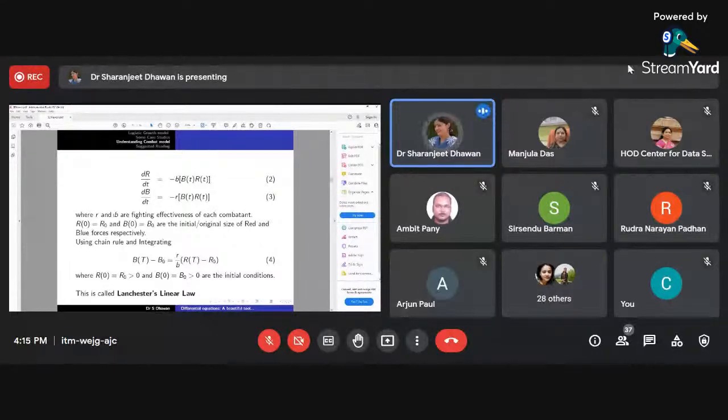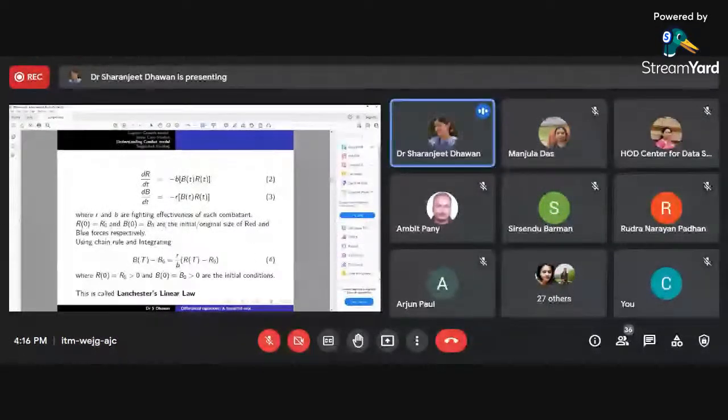To solve this equation, we need some initial conditions to evaluate the constant. So these are our initial conditions: R0, the initial number of army men available when we started the battle, when t was 0. Time has not yet started. So the initial availability of the red and blue armies is R0 and B0.